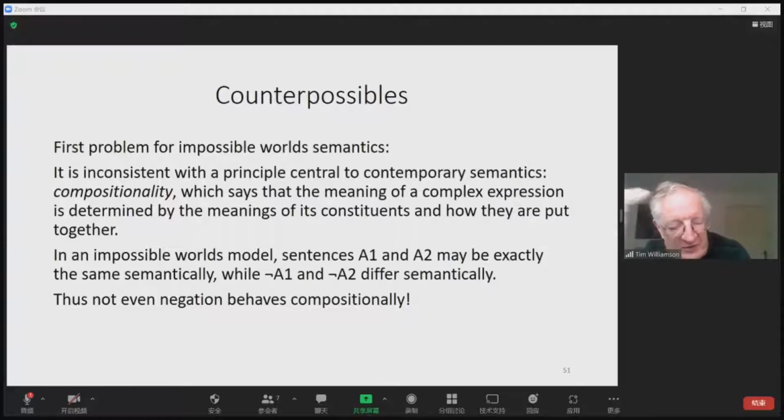You could just do this by the way that you select which worlds go into the model. And so not even negation behaves compositionally, because the meaning of not-A1 isn't determined by the meaning of negation and the meaning of the sentence A1. If it were, it would have the same meaning as not-A2, because A1 and A2 have the same meaning. But that's not what you get in the semantics. So there's a failure of semantic compositionality.